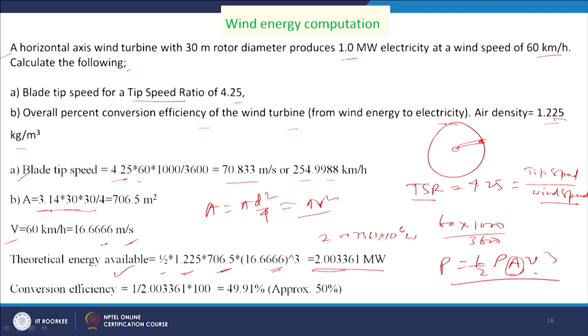So, this is the megawatt energy available in the wind, and as electricity we are getting 1 megawatt. So, the conversion efficiency we can get is 1 divided by 2.00336 into 100, that is equal to 49.91 percent, or approximately 50% efficiency we are getting.